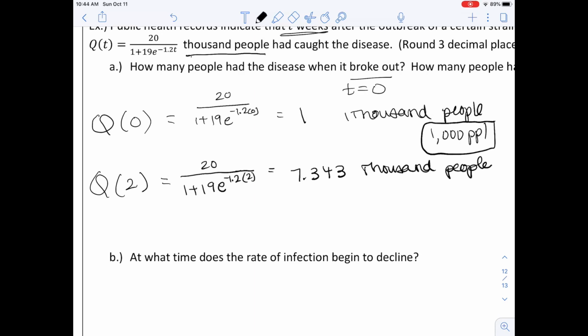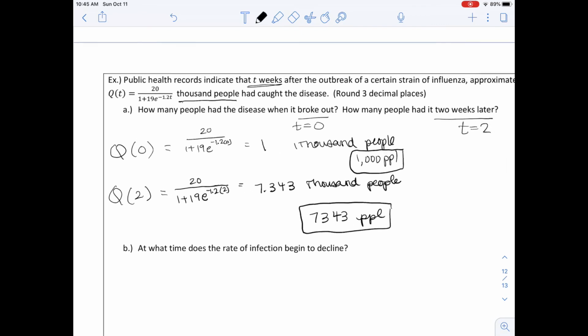So you can rewrite this as an actual number instead of with the decimal and the wording on there, moving your decimal to the right 3 times because of thousands, or multiplying that number just by 1,000, and we get 7,343 people. So it did grow rather fast.